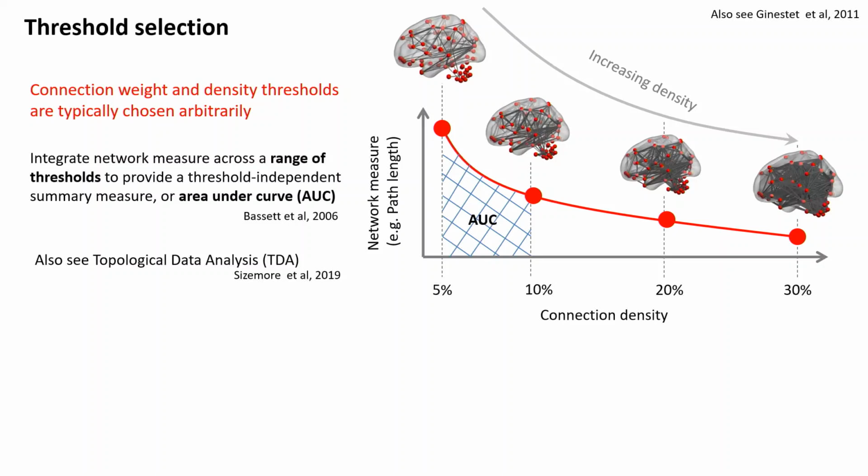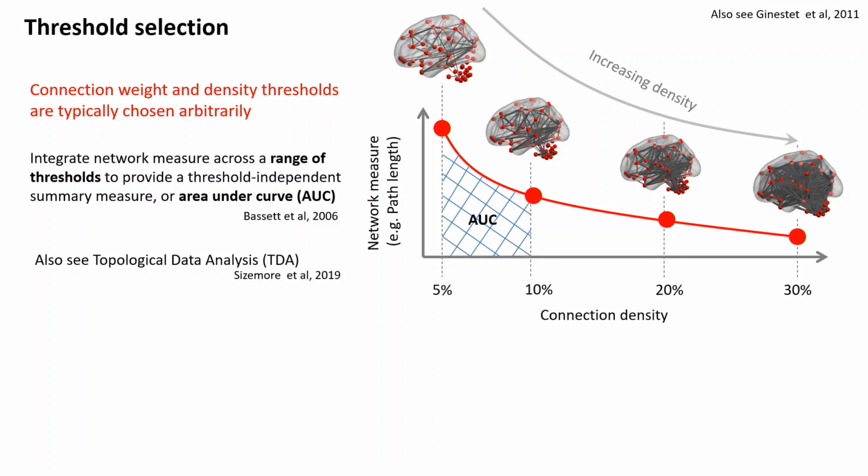Another critical point is the choice of threshold. As I've said, we don't really know. We don't have a ground truth understanding of what the true connection density is of a nervous system. So I always recommend it's important to repeat the particular analysis across a range of thresholds.